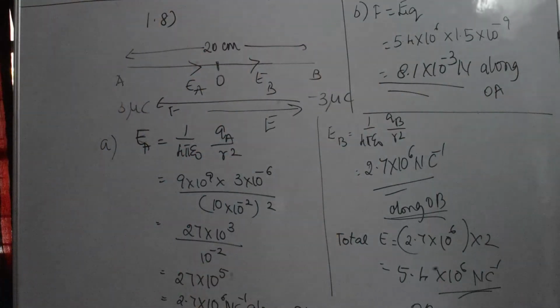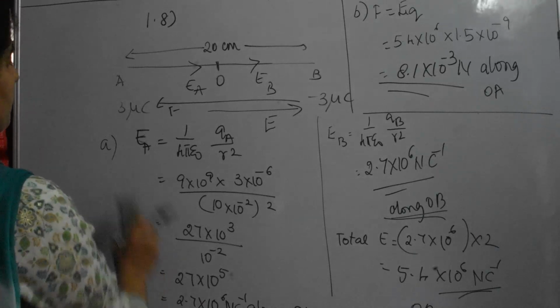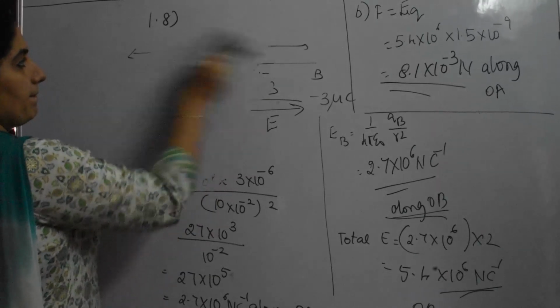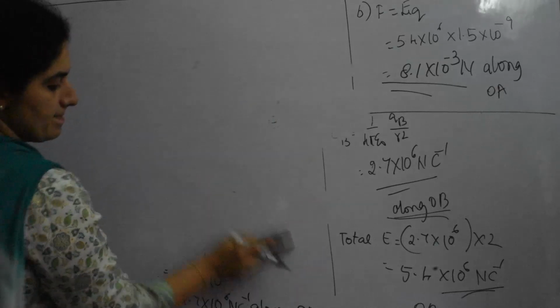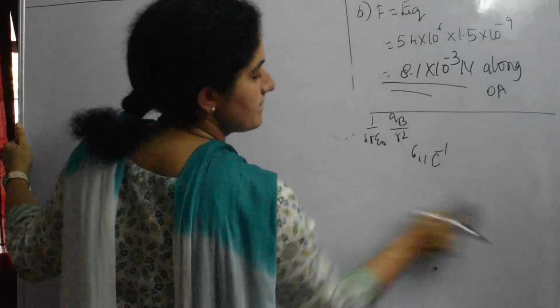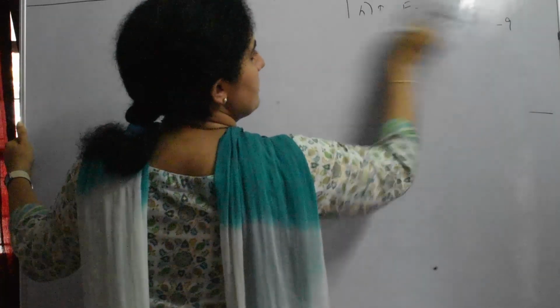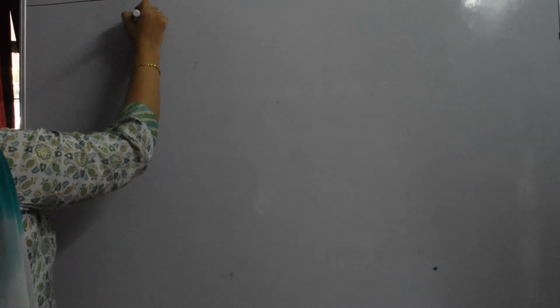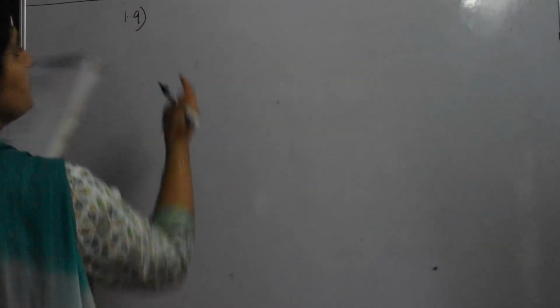Next is 1.9. Exercise 1.9. A system has two charges QA and QB.